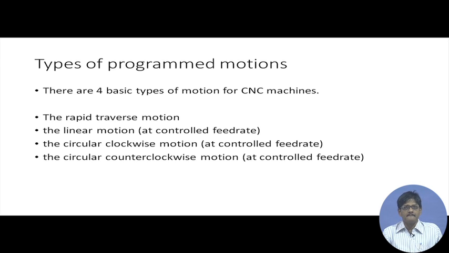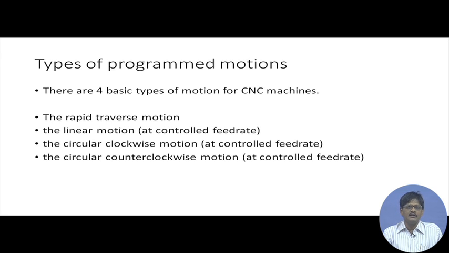Second, the linear motion. Rapid traverse, as the name implies, generally takes place at the highest possible speed available for that particular axis, unless there are other factors to modify that. The linear motion is also possible at controlled feed rate.